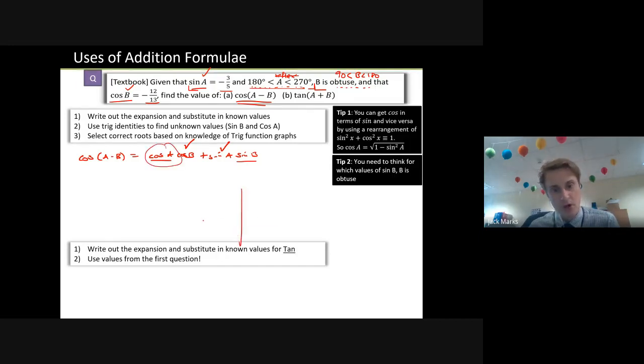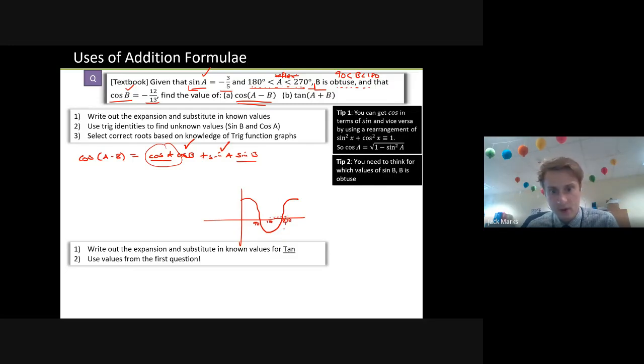If I draw a cos graph, it looks like this. Now, this is cos A. Do I know anything else about A? I know that A is between 180 and 270. Well, that's 90, that's 180, and that's 270.